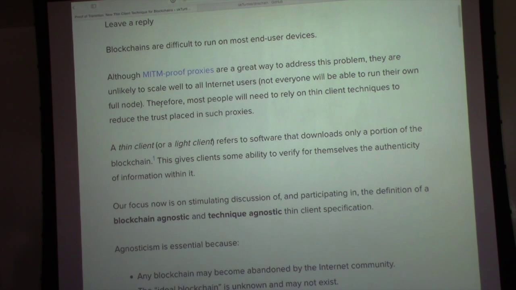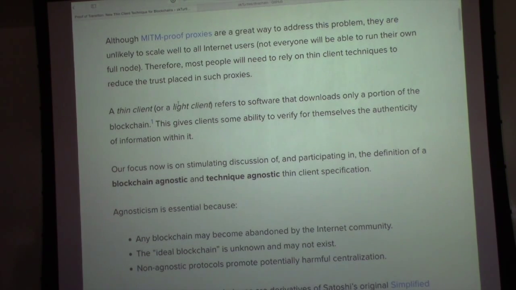But they don't scale well, so we need what's called thin client techniques. And a thin client refers to software that downloads only a portion of the blockchain. So, although the end-user software ends up not having the entire blockchain, it's still able to, on its own, with fairly low resources, verify the validity of the connection.